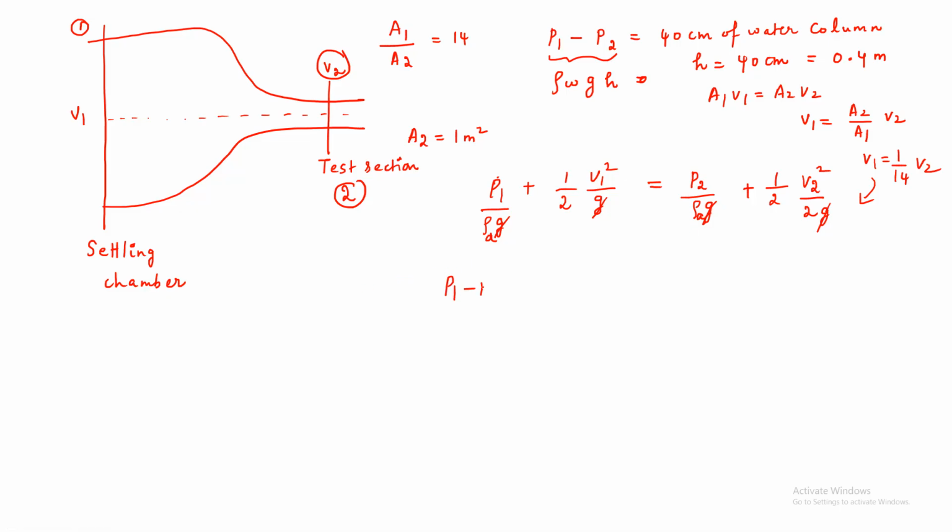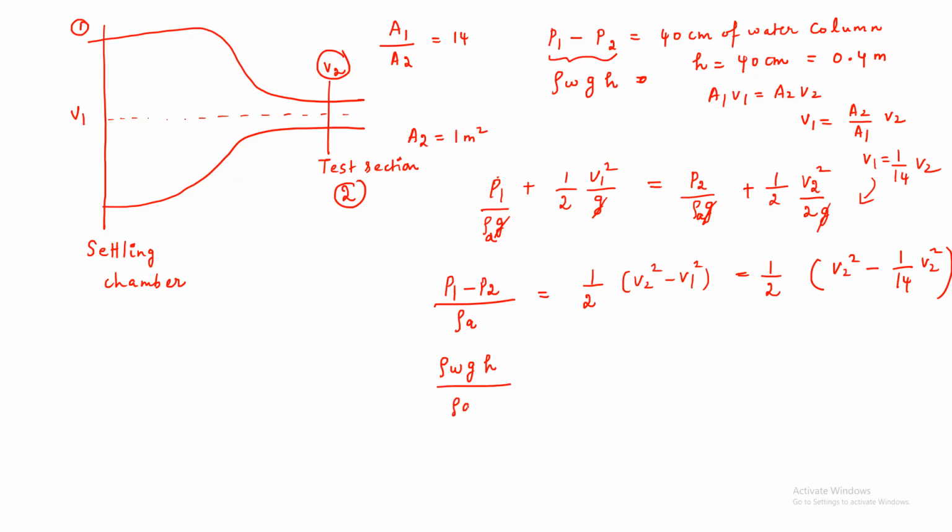So our P1 minus P2 over rho A would be equal to half V2 square minus V1 square, which is half V2 square minus 1 by 14 V2 square, right? So P1 minus P2 is rho W, g and h. So our rho W, g, h by rho A.